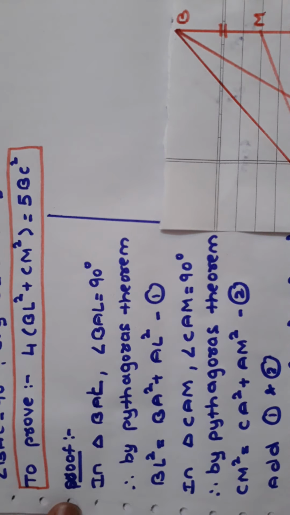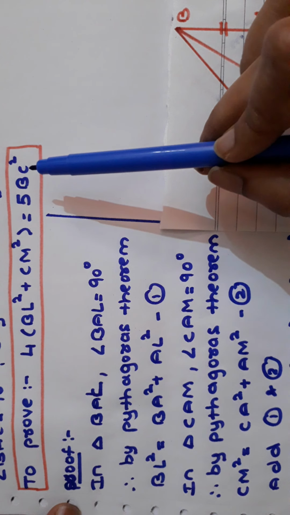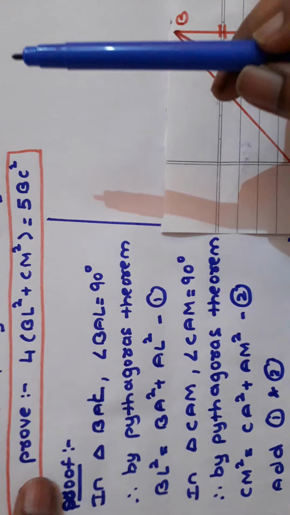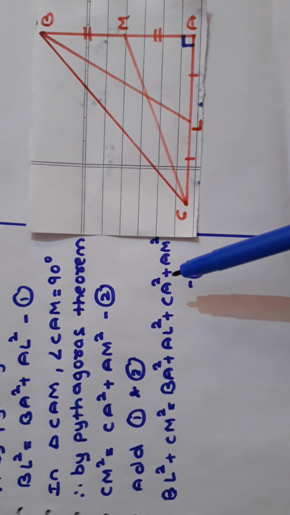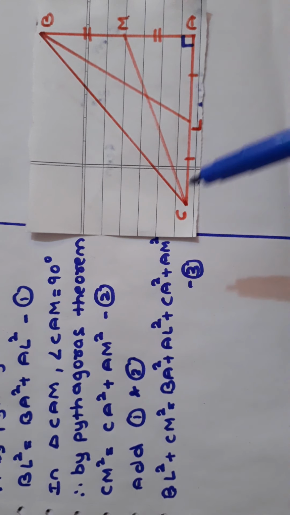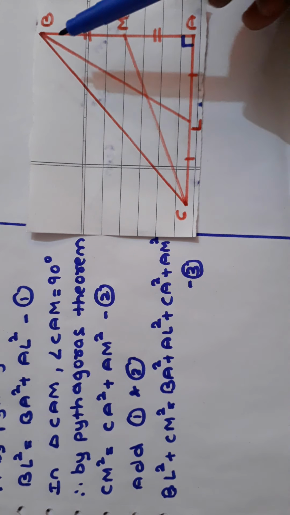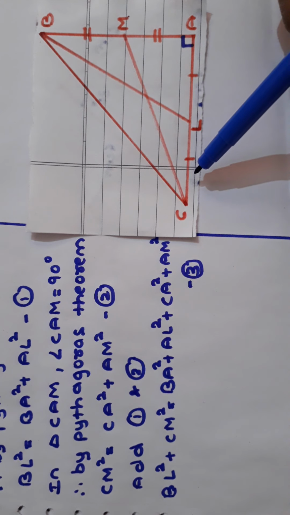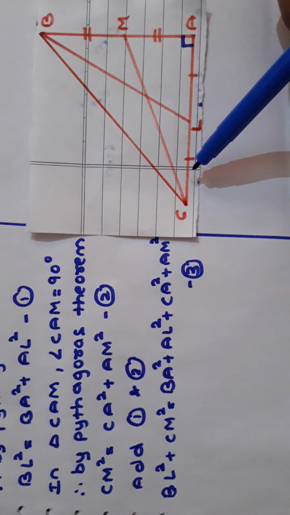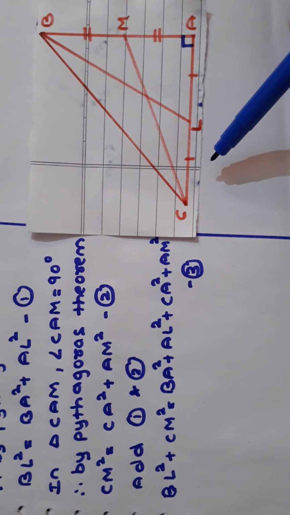Now here on the right hand side of the result that we have to prove, we have only one term, that is BC square. But here we are getting 4 terms, BA square plus AL square plus CA square plus AM square. But BC is the hypotenuse of the right angle triangle BAC. So by Pythagoras theorem, we get BC square is equal to BA square plus AC square.